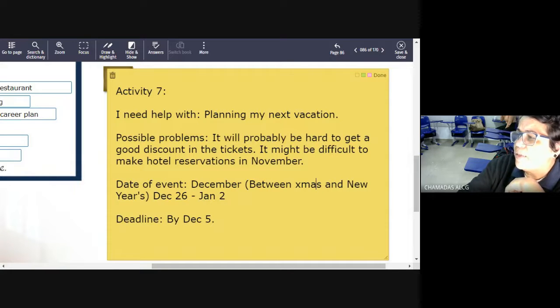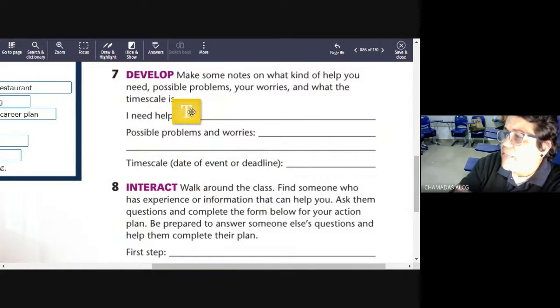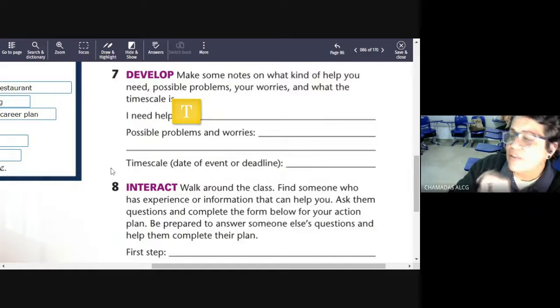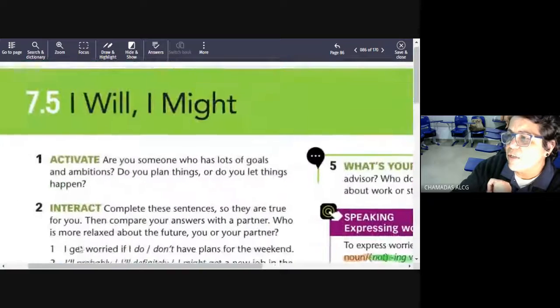Okay, here it might be difficult to, and so on. Okay, so you can take a picture. Great. So that takes us to the end of Unit 7. Okay, so let's just check it out here. Look.